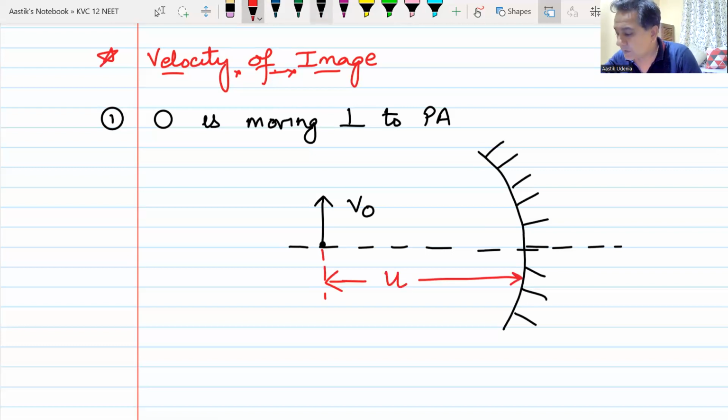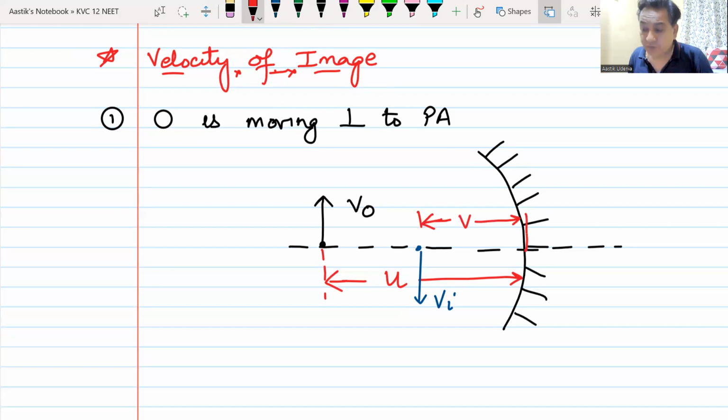Now I know that the image will be probably moving like this. It moves in the opposite direction if it is a real image. If it is a virtual image, it moves in the same direction. Image will move probably like this, and this is V. You understand the meaning of V? V is the distance of the image from the pole.